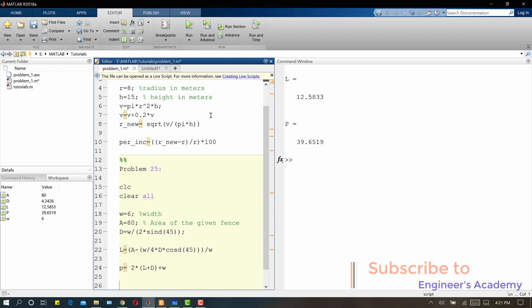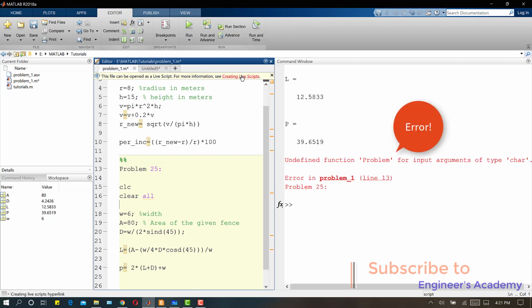Now if I need to run this section, the cursor needs to be in this section. If I want to execute this section, I will click in this section and I will click on the run section button. So I will click on the run section. There is an undefined function error, line 13.